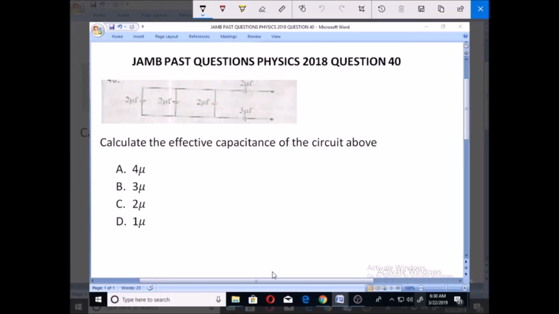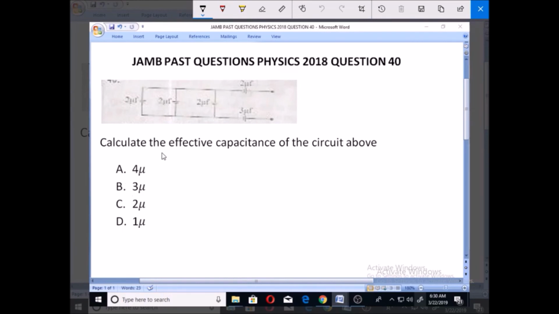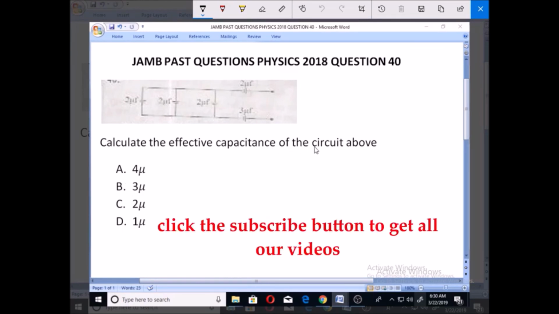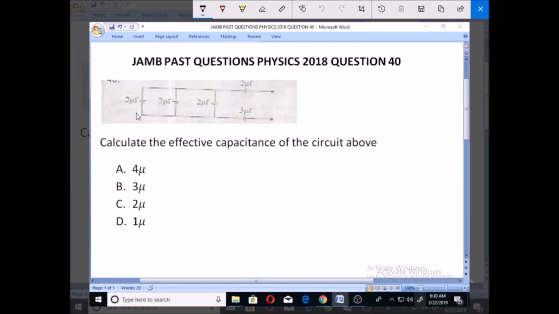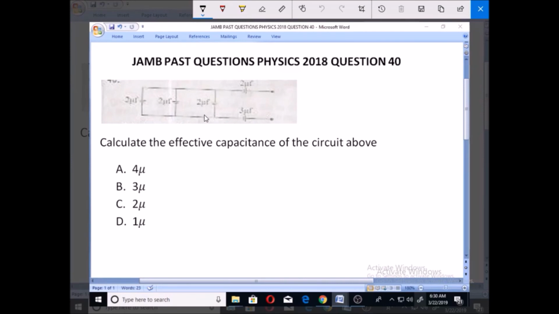Let's look at this question number 40, the last question for physics, JAMB past question 2018. Calculate the effective capacitance of the circuit above. This is the circuit with capacitors in parallel with capacitance 2 microfarad, another 2 microfarad and another 2 microfarad connected in series to a 2 microfarad and a 3 microfarad.